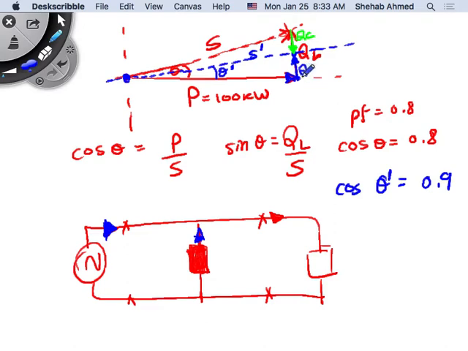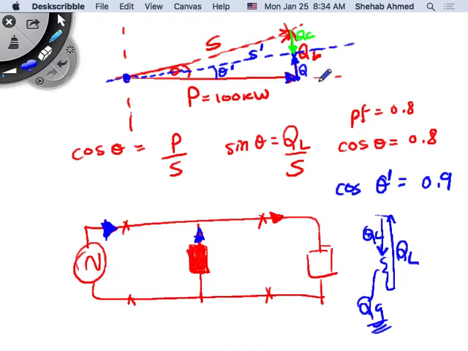So for you to know what the resultant power being delivered by the generator, you add this QL to the capacitor generated QC, right? And the new resultant reactive power produced by the generator, this is Q generator. This is what's going to be produced by the generator and delivered to the circuit.